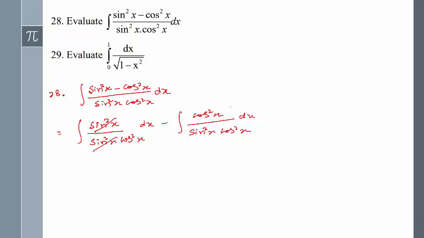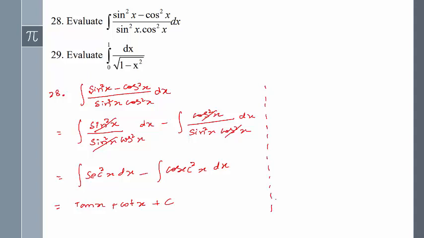Sin square will get cancelled. Cos square will get cancelled. 1 by cos square will be sec square x, minus 1 by sin square will be cosec square x dx. So here we know that the integration of sec square x is tan x, minus the integration of cosec square x is minus cot x. So we can write minus into minus, plus cot x plus c. Okay. So from this you can understand this is also a very simple problem, that is problem number 28.